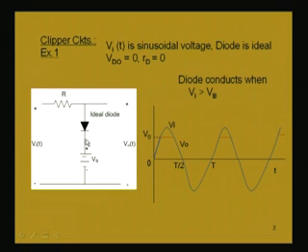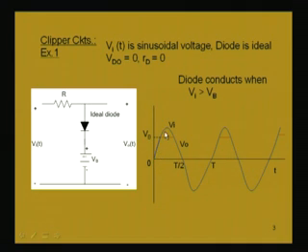That means Vi t at any point should be higher than VB, so that the diode conducts. Now, Vi is a sinusoidal waveform as shown here, and the voltage at any instant will vary as shown in this plot.